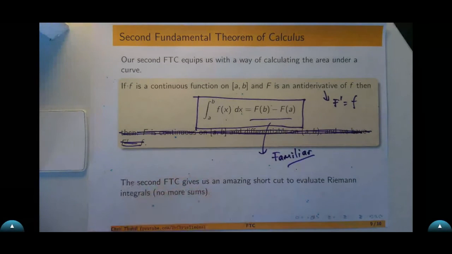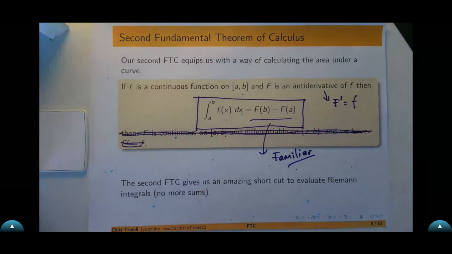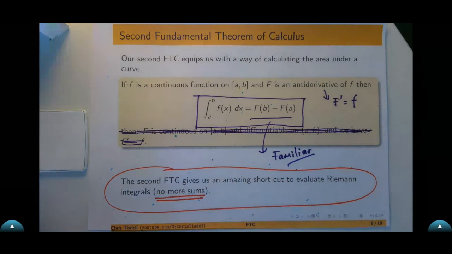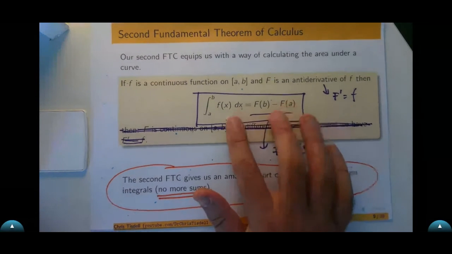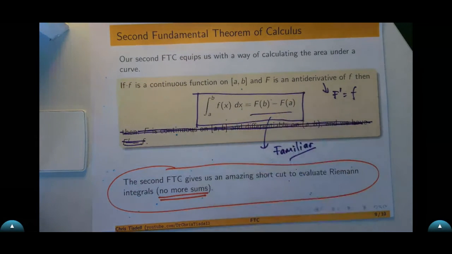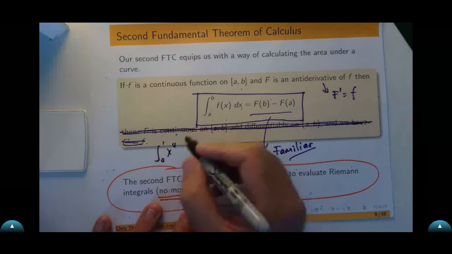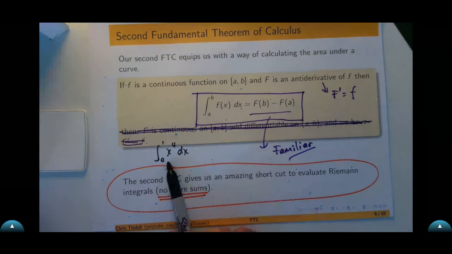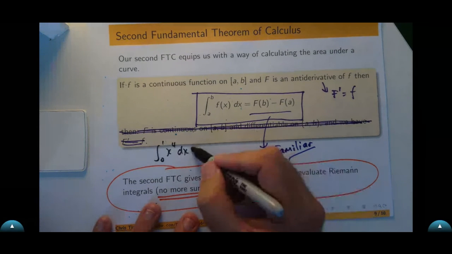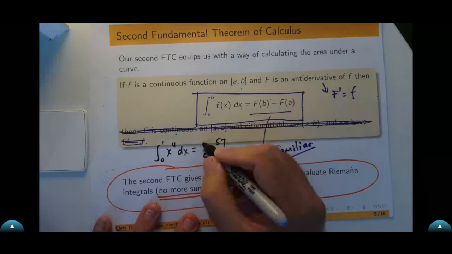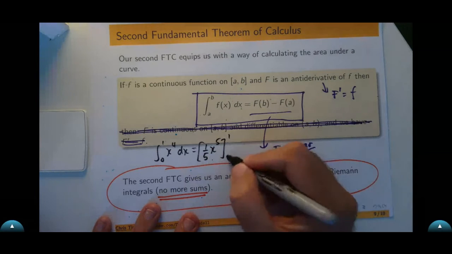Okay, and like I said at the beginning, no more sums, no more Riemann sums, which is great. So I would hope that most people understand what's going on here with the antiderivatives, right? So, for example, if I wanted to integrate this, well, I know that an antiderivative of x to the power 4 is this, okay?